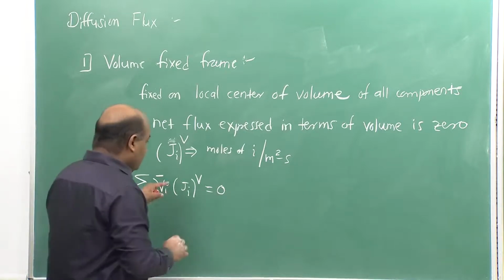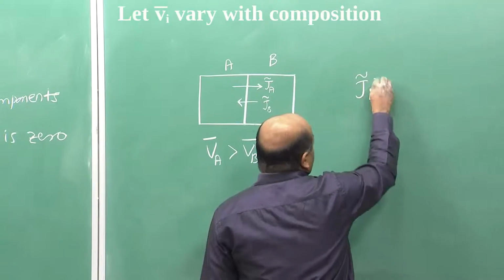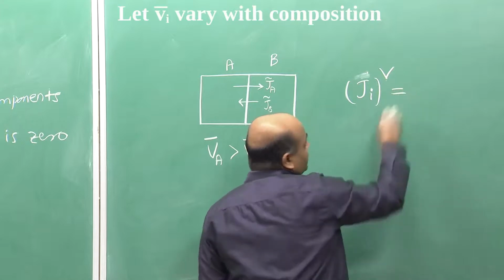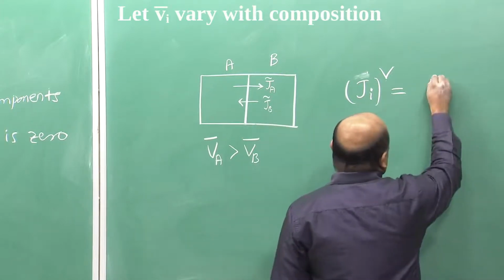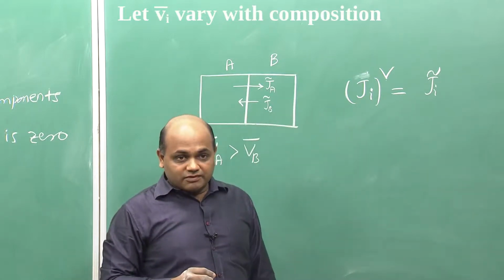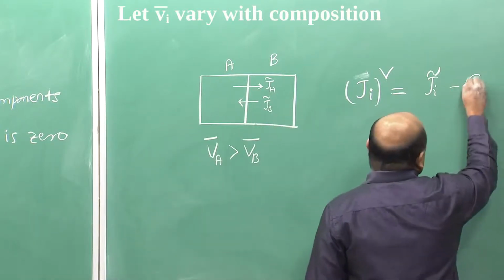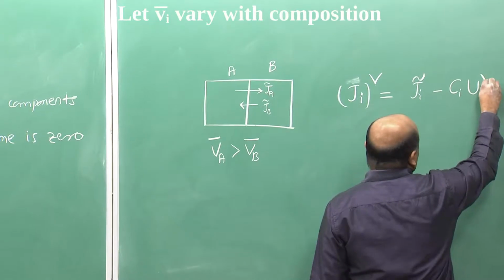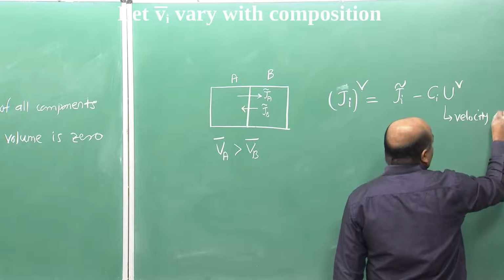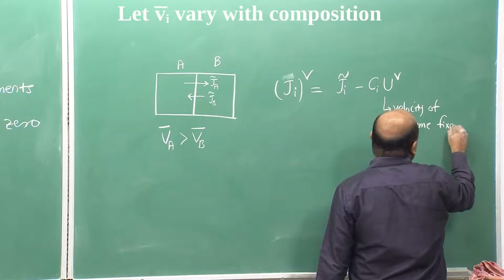Okay. So, now from the equation that we derived, we can write J_i^V as J_i tilde, where J_i tilde is the interdiffusion flux or flux with respect to stationary frame of reference, minus C_i times u^V, where u^V is the velocity of volume fixed frame.